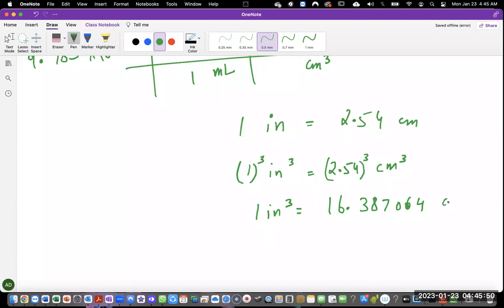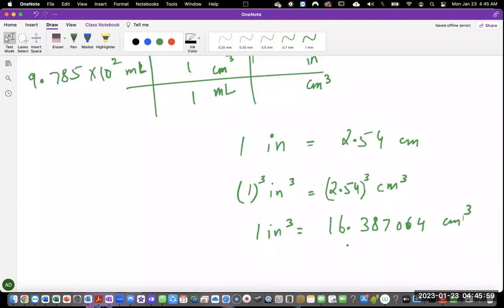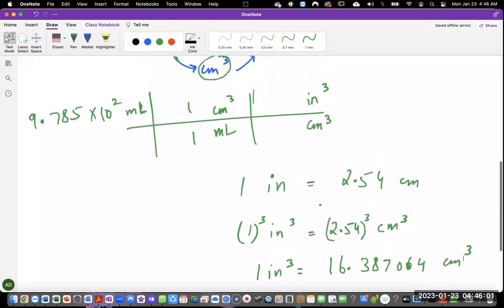Okay, and then you have the centimeter cube sitting here. Okay, all right, so this is the conversion factor that we can plug in here. Okay, so 1 inches cubed equals 16.387064 centimeter cubed.